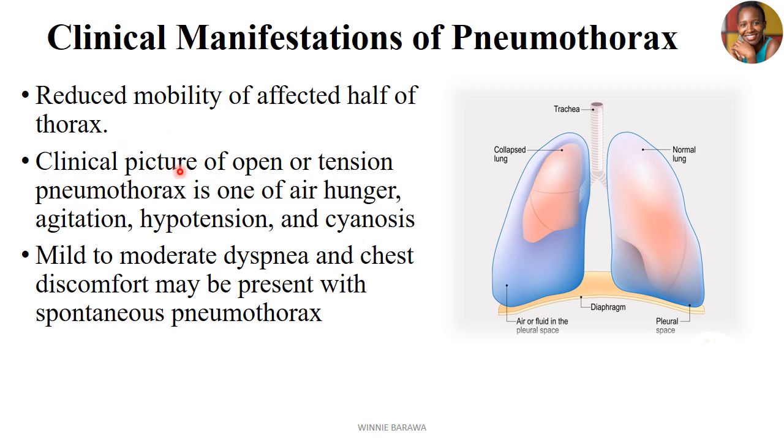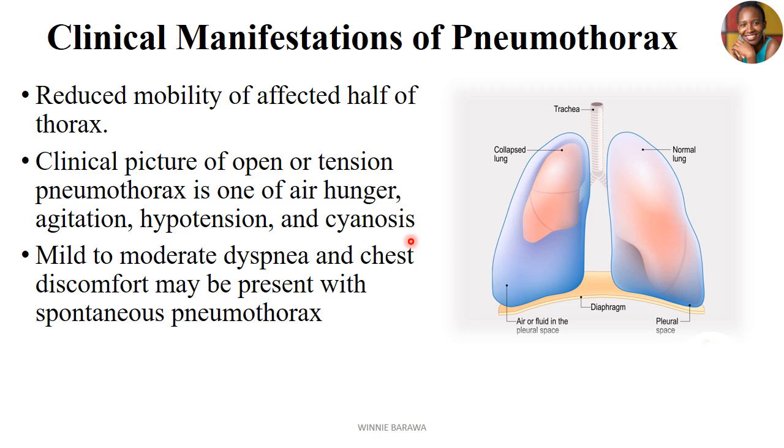Then there are the clinical features of open and tension pneumothorax, whereby in these patients there is excessive air hunger, agitation, hypotension, that is low blood pressure, and you can also have cyanosis.